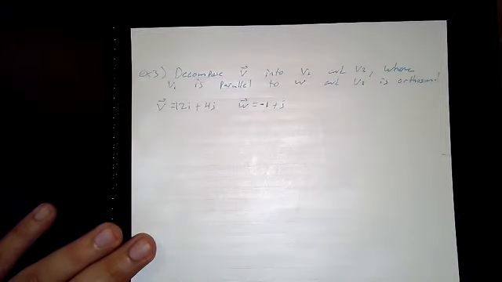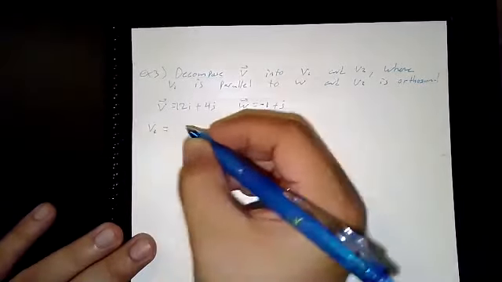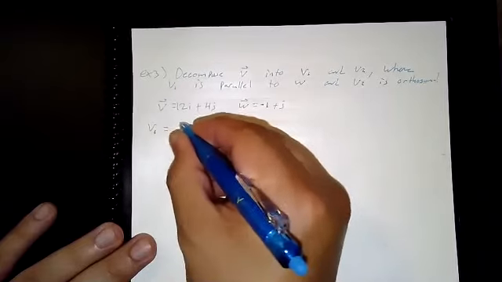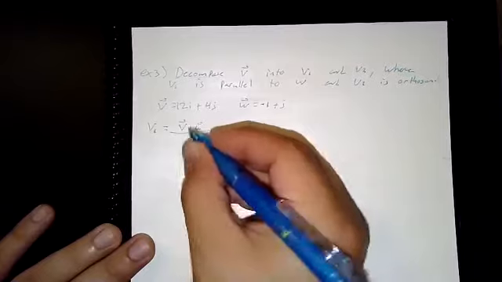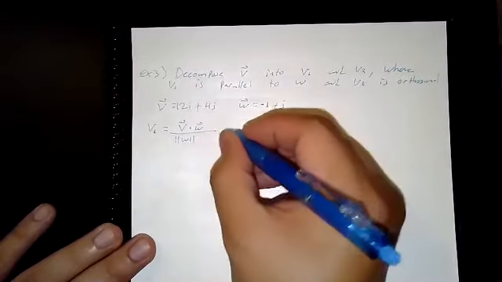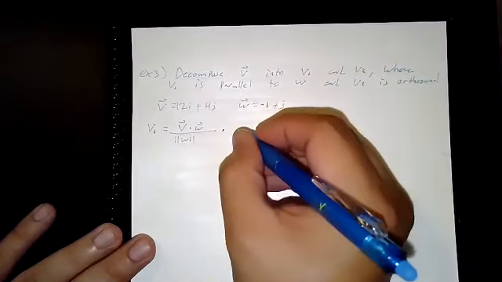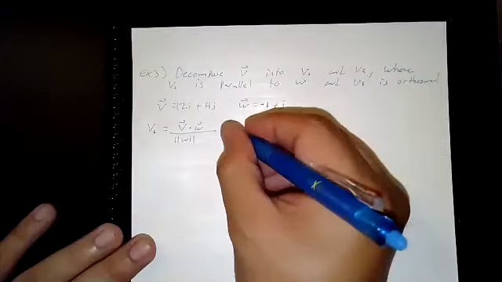So the formula we need to decompose, v1 in this case, is defined as v dot w over the magnitude of w, then a dot product of w.